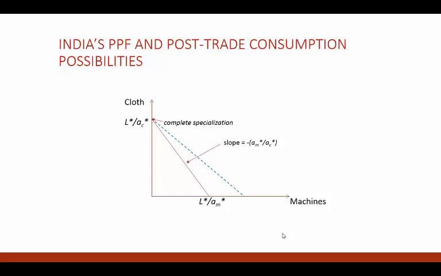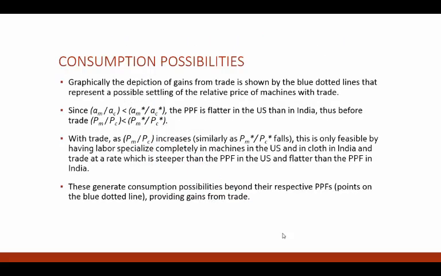The flip side being that the relative price of cloth is higher than its opportunity cost. So consumption beyond the PPF, previously unattainable under autarky, is now feasible as a result of trade. We summarize these results as follows.